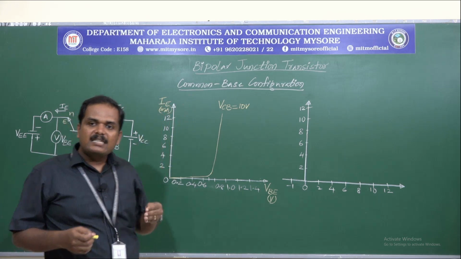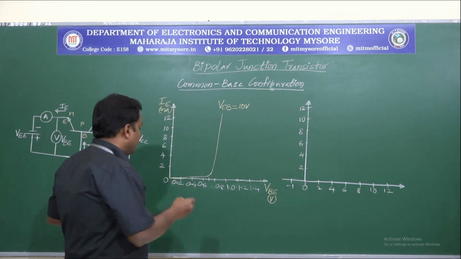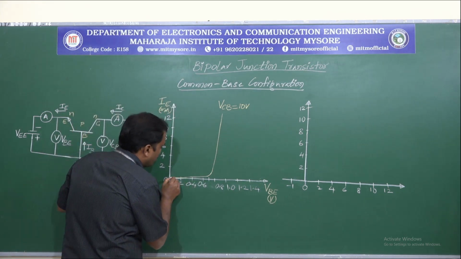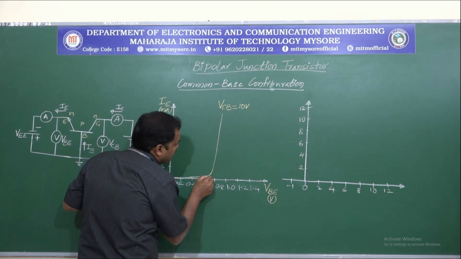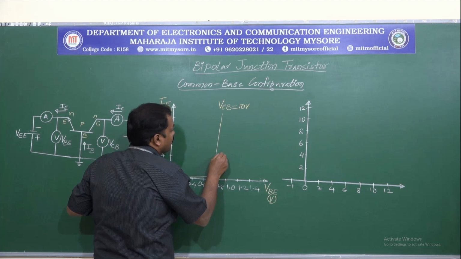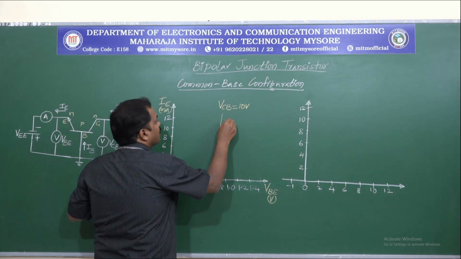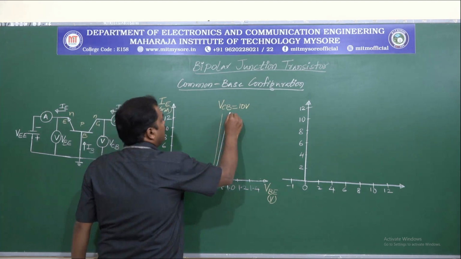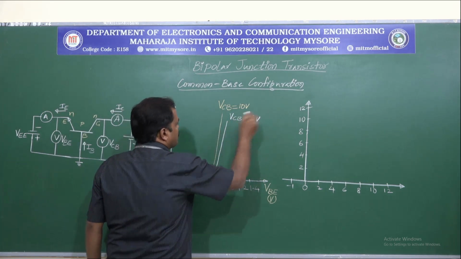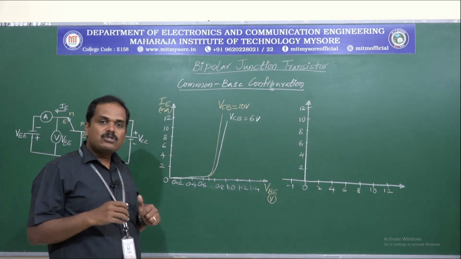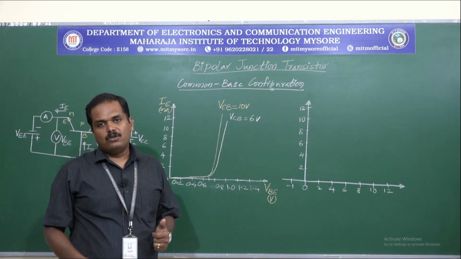If I decrease the value of the VCB, then the characteristic would be looking something like this. Let us say this is for VCB equals 6 volts. So there will be a reduction in the input current also.